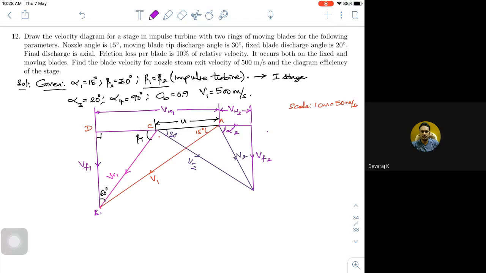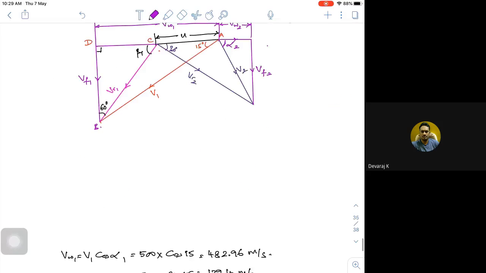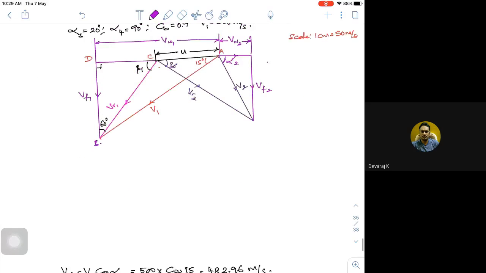I can measure it and I can calculate it. Now VR2 is equal to this much. How much is your VF2? I can calculate each and everything. So VF2: if I use the trigonometric relationship, taking A, B, C, D, if I call this E and this F, this is a right angle triangle.